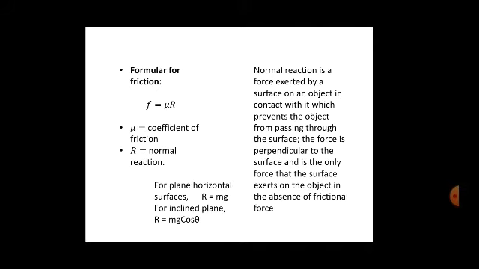So you see that normal reaction is a force that is exerted by a surface on an object in contact with it, which prevents the object from passing through the surface. The force is perpendicular to the surface and is the only force that the surface exerts on the object in the absence of frictional force.